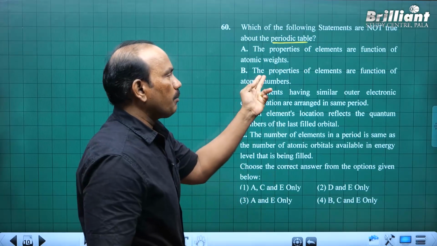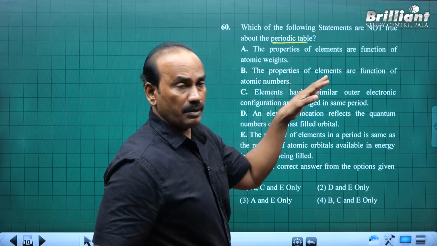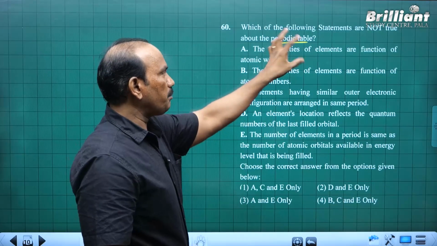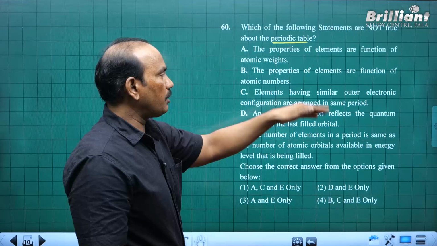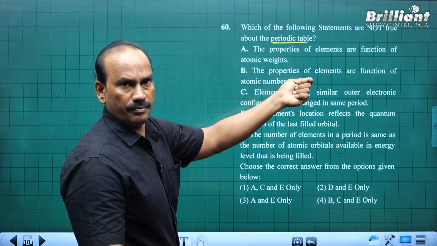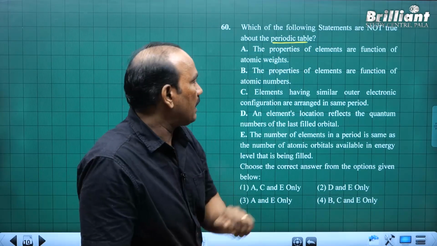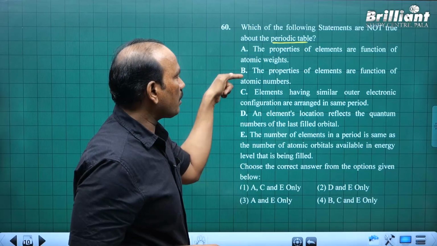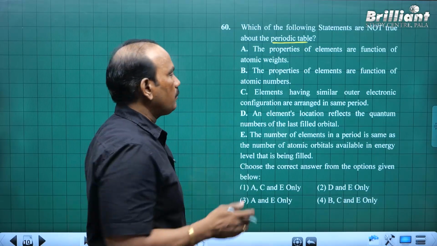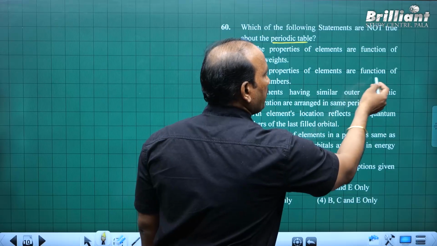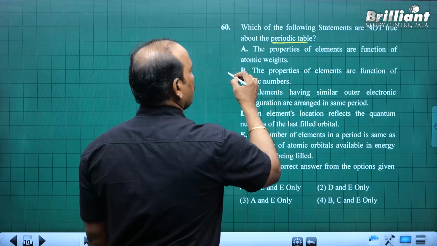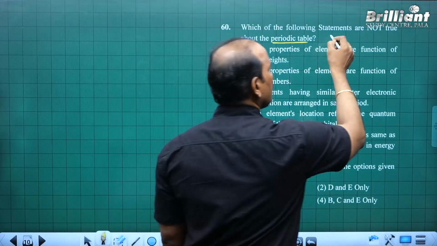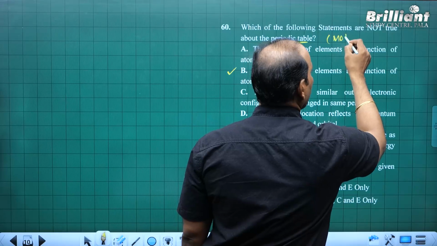Then the next one is properties of elements are functions of atomic number. Generally, the periodic table is nothing but the present periodic table. If you don't mention anything, that is somewhat confusing. So to avoid that confusion, he gave a solution. What is that? Both are not given. Done. So properties of elements are periodic functions. This is correct, and that means this is the modern periodic table.